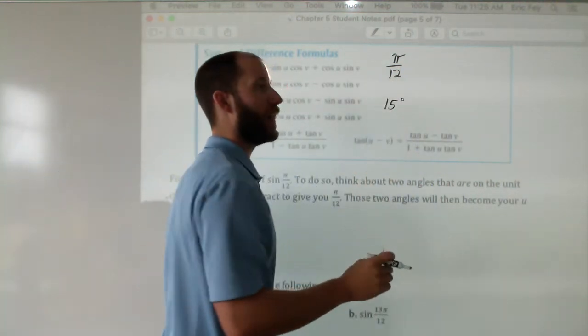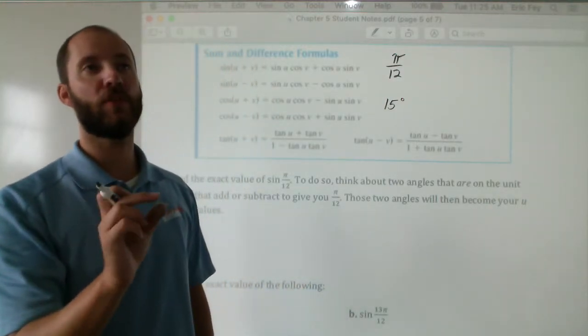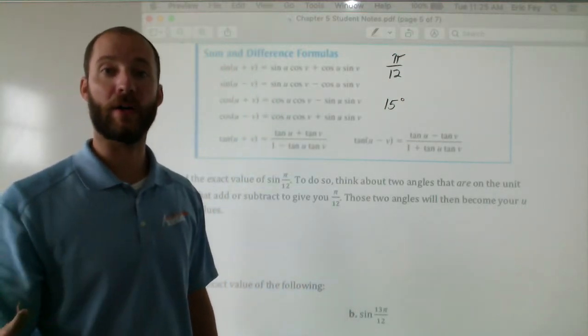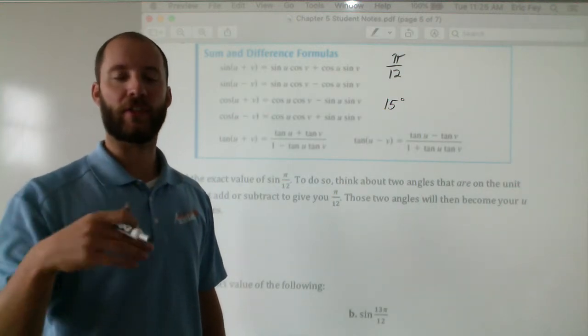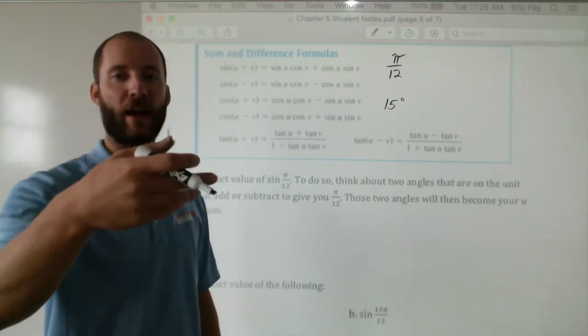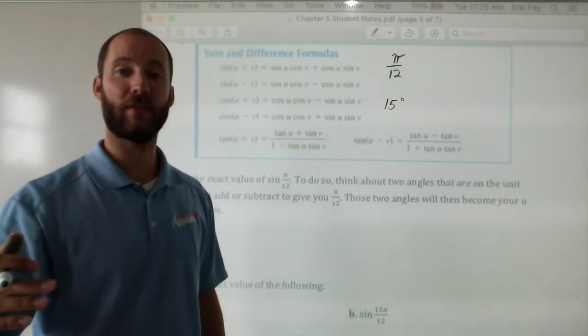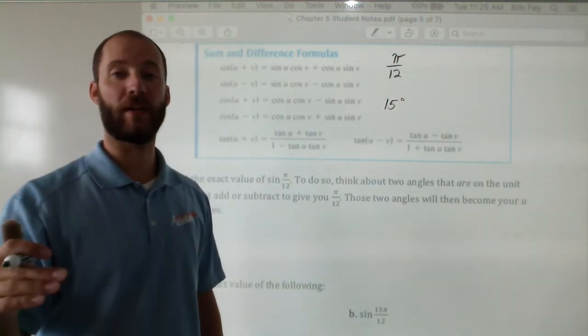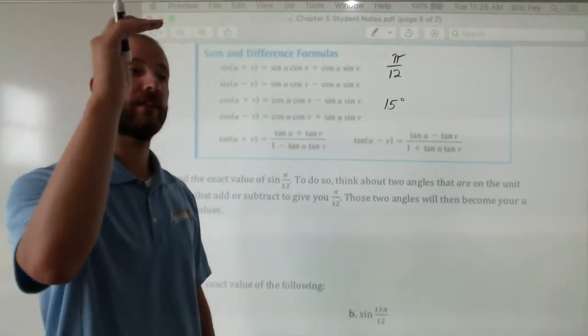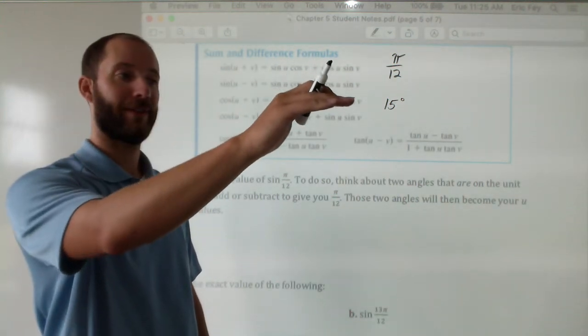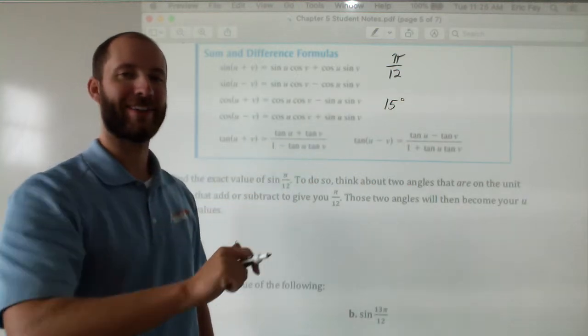Now, pi over 12 only separates from two different angles by a pi over 12 amount. If you take all the values in the unit circle, pi over 6, pi over 4, pi over 3, and make them denominator 12, you get 2 pi over 12, you get 3 pi over 12, and you get 4 pi over 12.